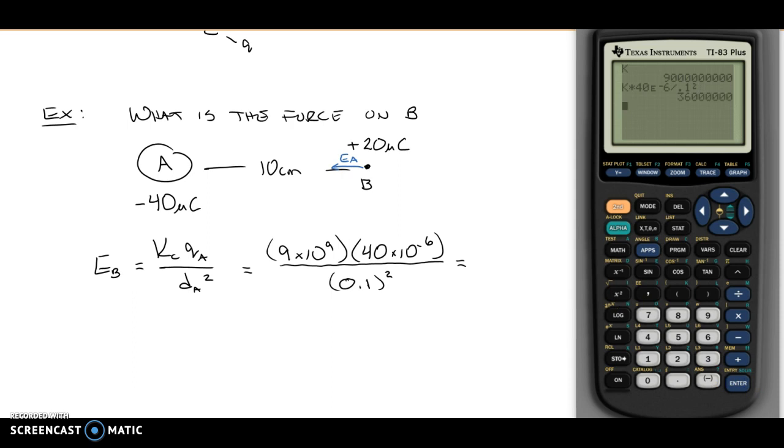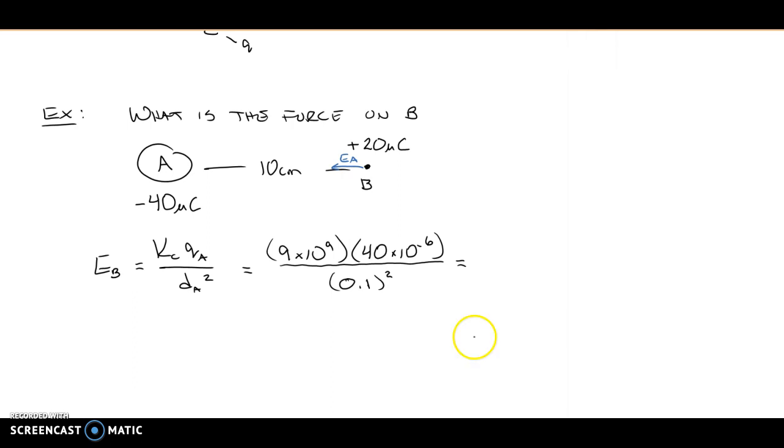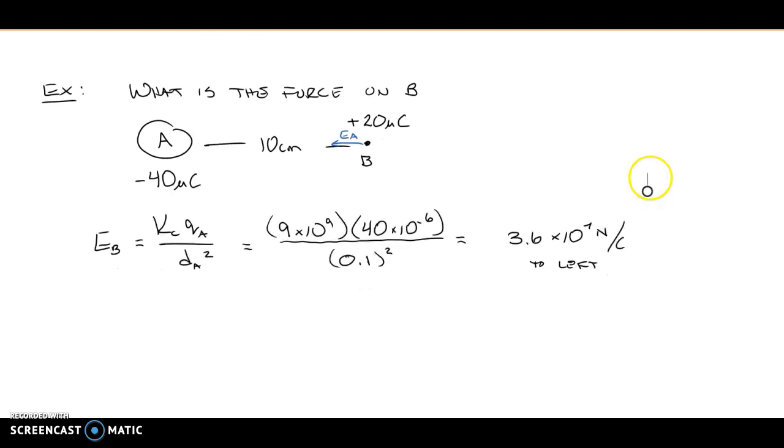It looks like 36 million. 3.6 times 10 to the 7 newtons per coulomb is the field strength. At this point, it's to the left, or towards A. It would be a negative if I plugged it in. It only tells you it's attracted to A, which is why it's to the left.